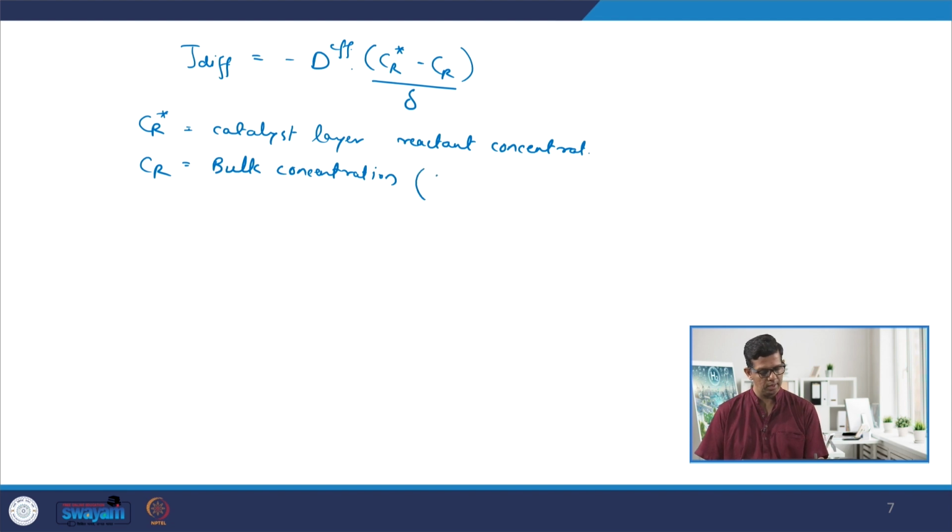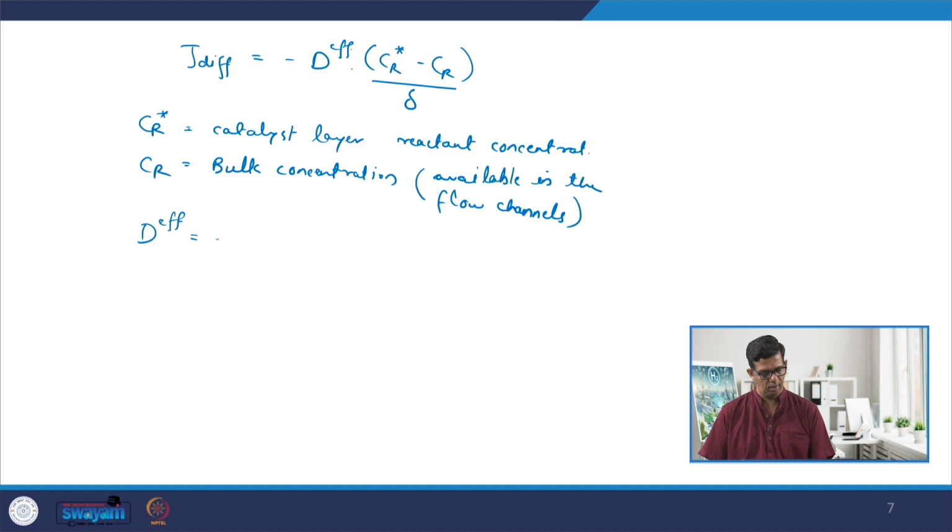I can also write this as available in the flow channels. What is this D effective? This is effective reactant diffusivity.